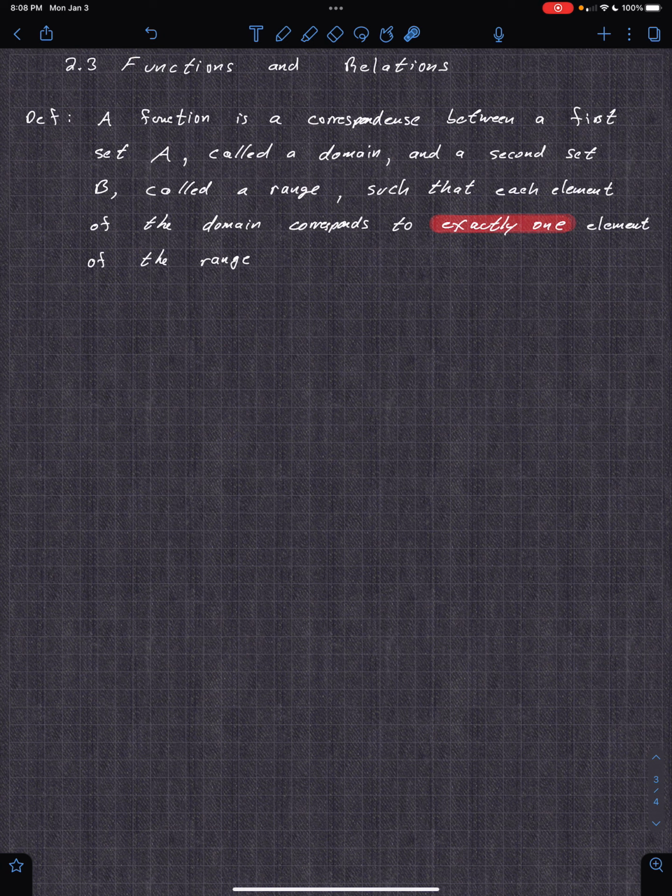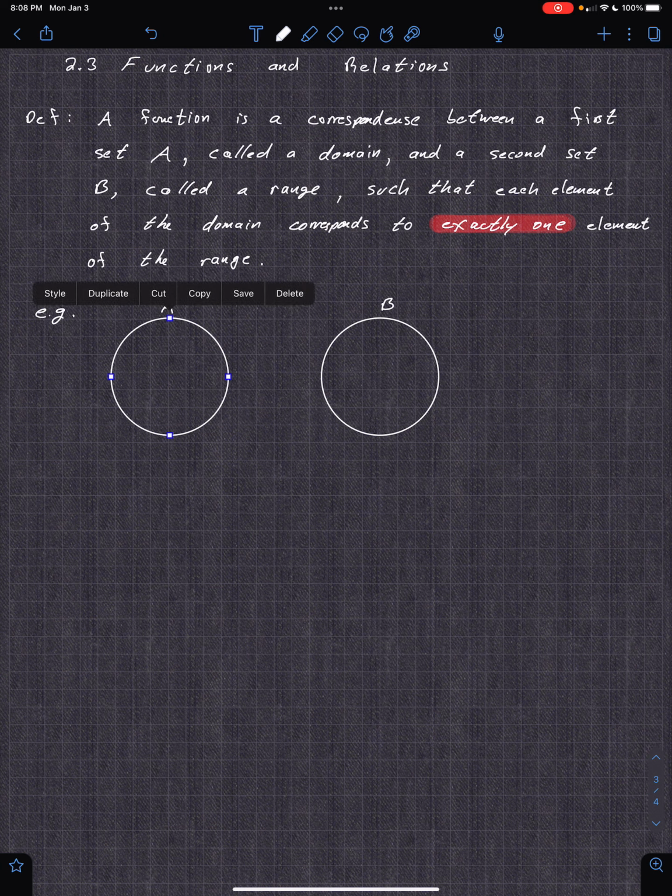Okay. So for examples, remember the EG means for example. So we'll do two sets. We call this our first set. I'll duplicate that to here. And so this is my set A, and this is my set B. I'm going to make a number of these.